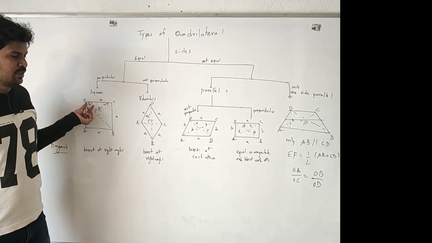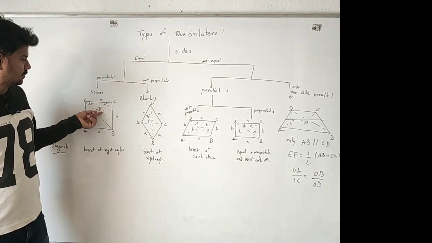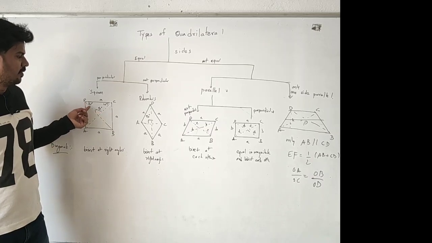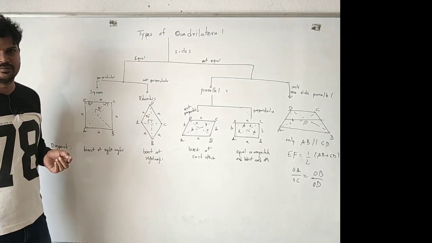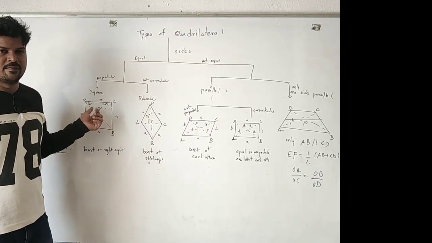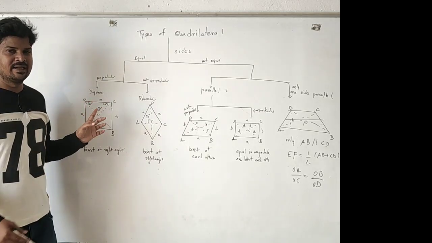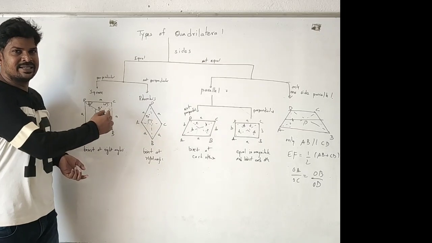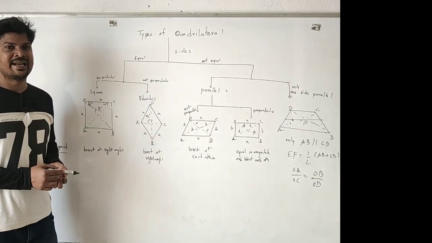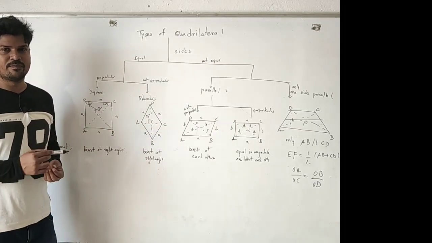Each part along with this diagonal will make a triangle. Whenever all sides are equal, the diagonals bisect each other and make a right angle at the point of meeting.